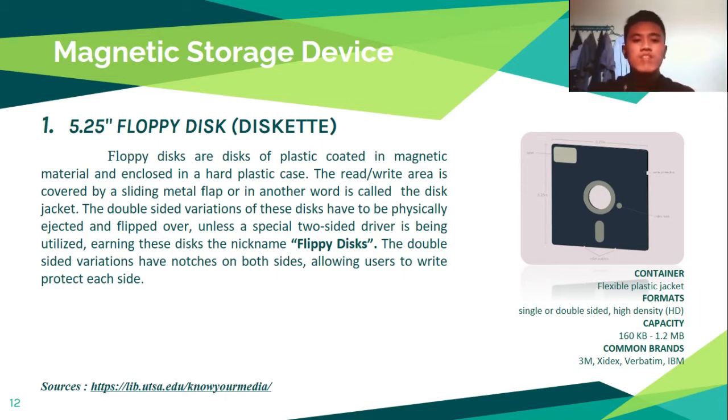The double-sided variation of this disc has to be physically ejected and flipped over, unless a special two-side drive is being utilized, earning this disc the nickname flippy disc. The double-sided orientation has notches on both sides, allowing the user to protect its data.